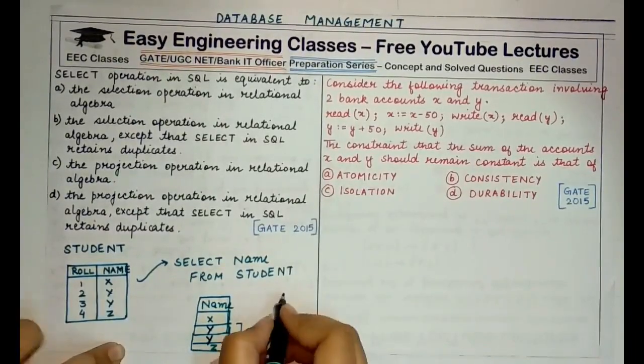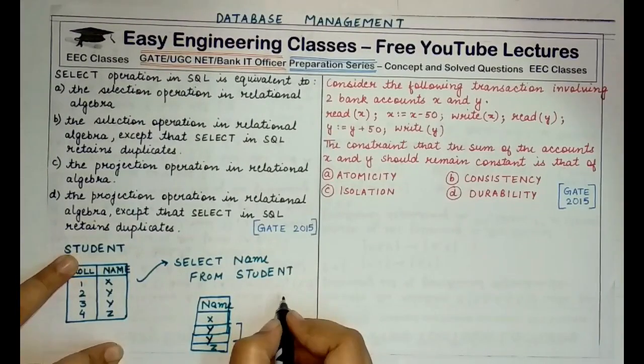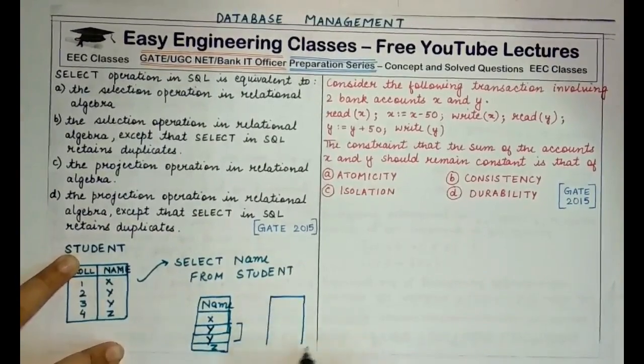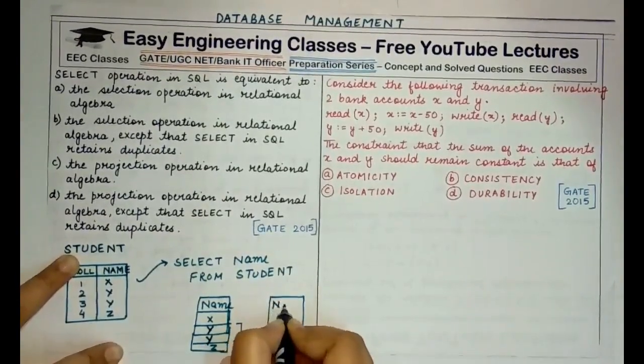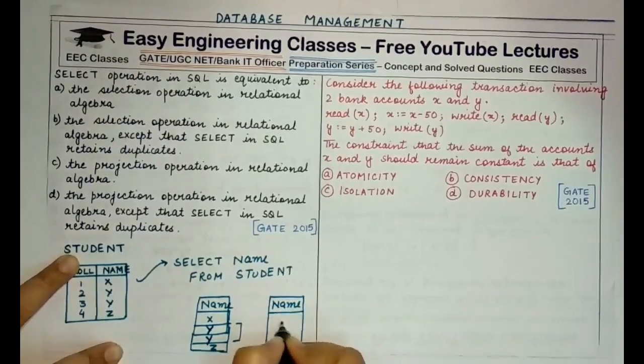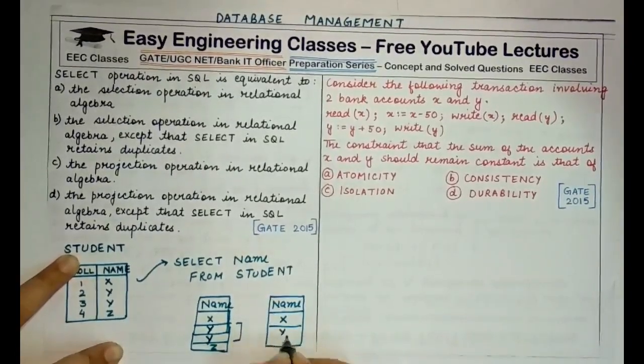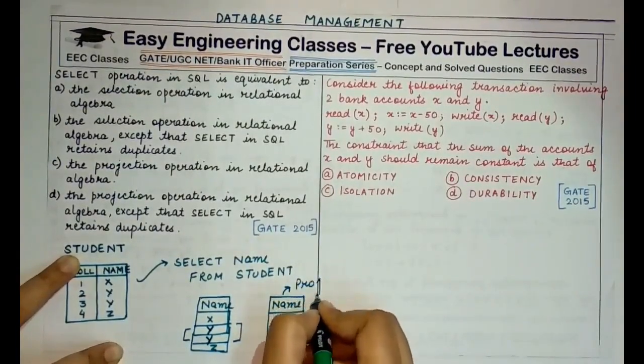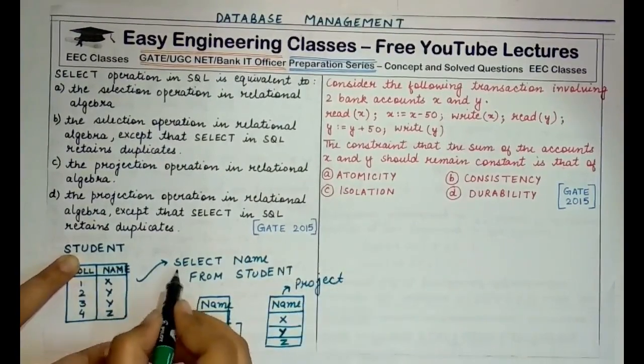But if I use the project operator, the project operator will return the result with the column name, and the rows would be X, Y and Z. So the project operator would remove one of the duplicates and would simply put a single row corresponding to Y. So this is the result of project, and this is the result of select.